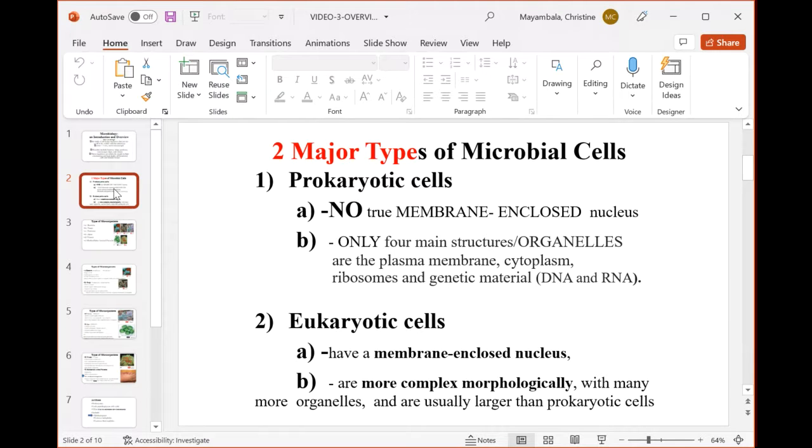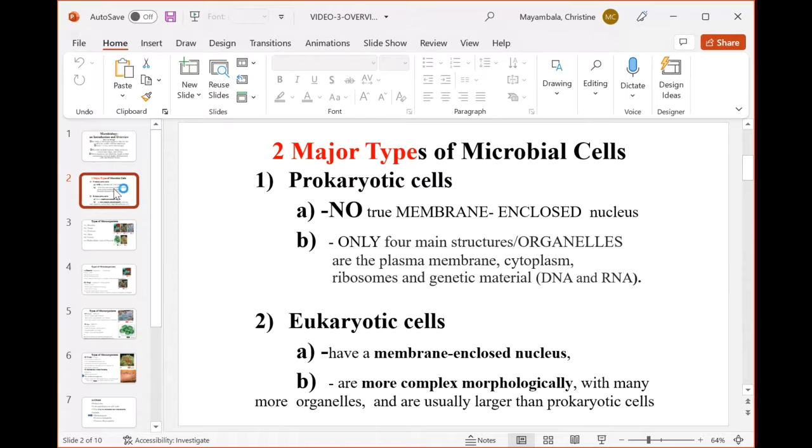They have just the plasma membrane, which is the little sac that holds everything, the cytoplasm, ribosomes, and that genetic material floating, with no membrane around it, and only ribosomes making proteins. And basically that's it. So you can see how they would depend on whoever they infect in order to carry on most of their metabolism.